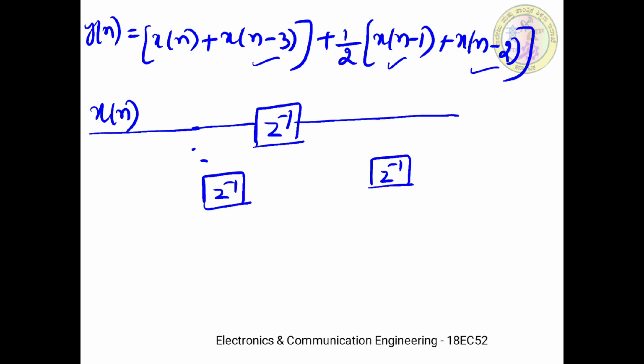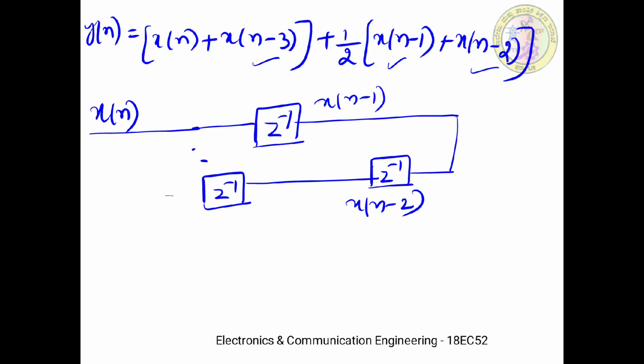After one delay we are getting x(n minus 1) here, and this is the input. At this point we are going to get x(n minus 2), and then it is the addition here. After the third delay, here we are going to get x(n minus 3).